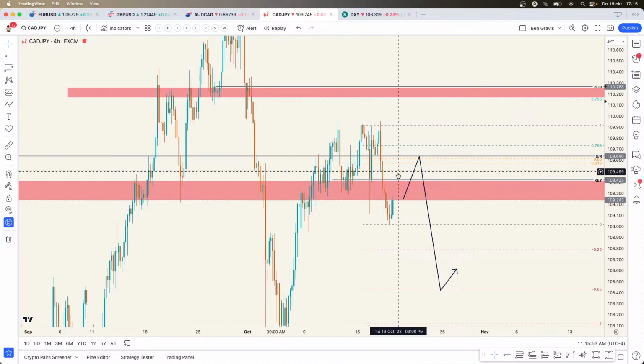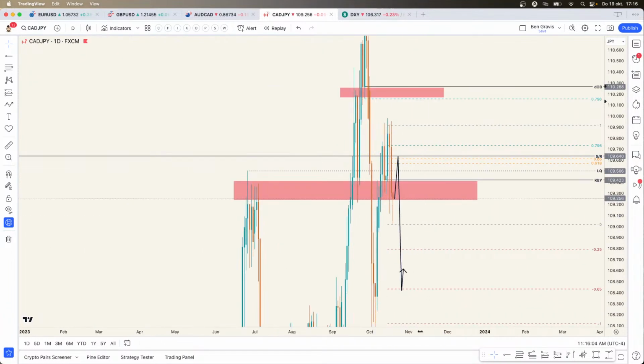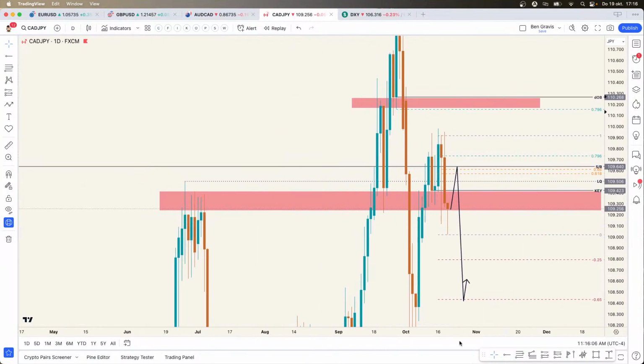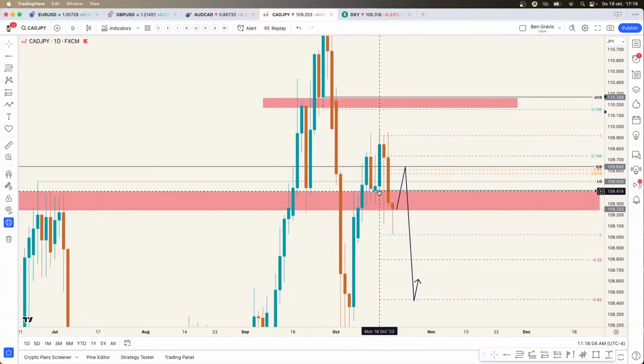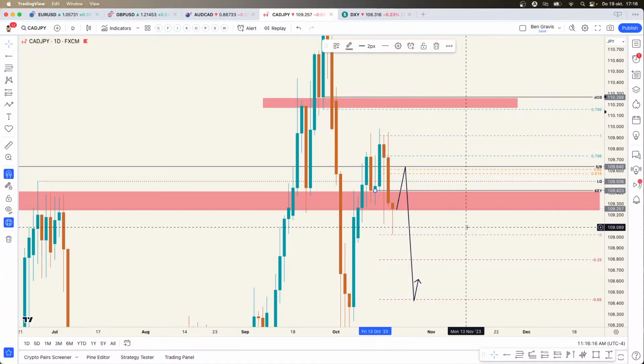Yep. So maybe now we could see a little move higher, slow down here on the 4-hourly, see how it reacts, and then we have that move to the downside. That's really something that I'm looking for. Also, let's have a look at this daily order block here and this breaker over here.